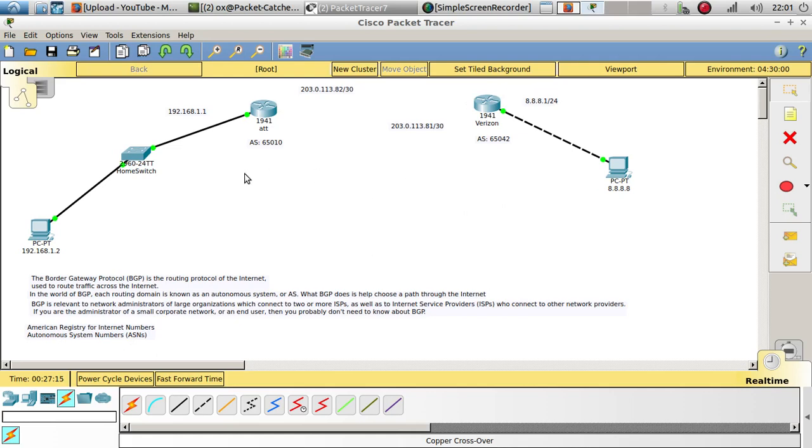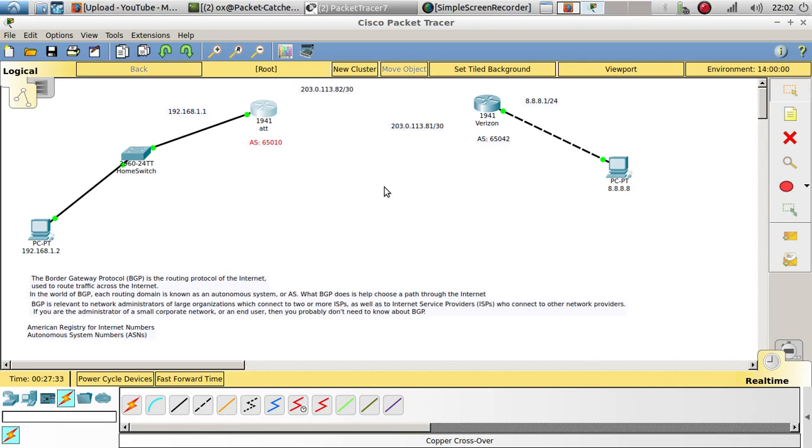So what we're going to do in this tutorial is configure this autonomous system over here, which is going to be 65010 and 65042.